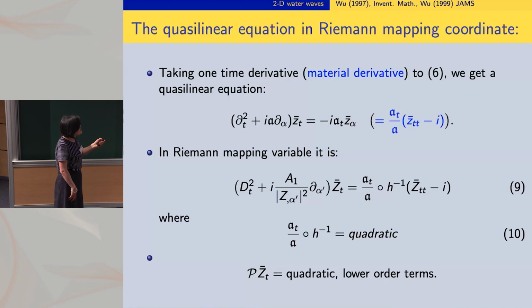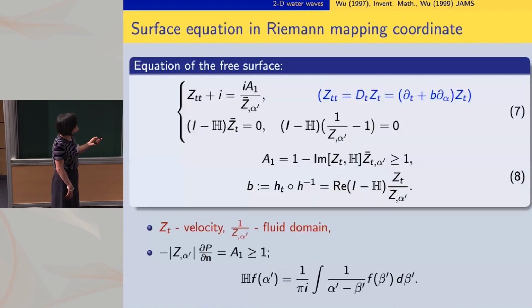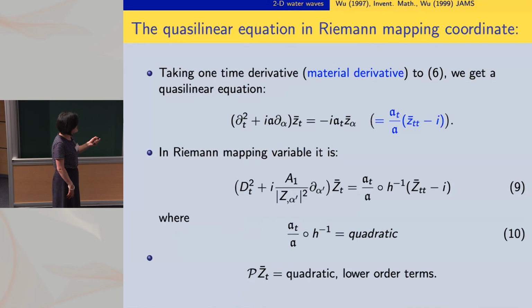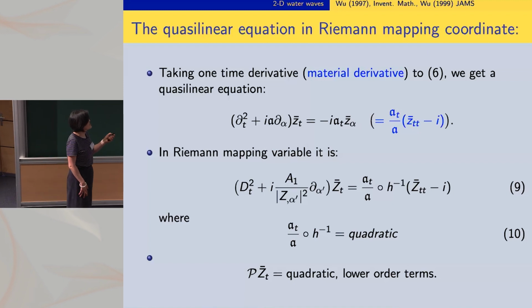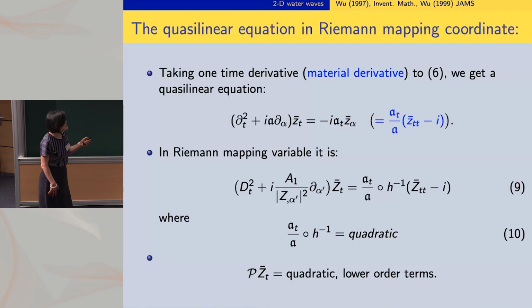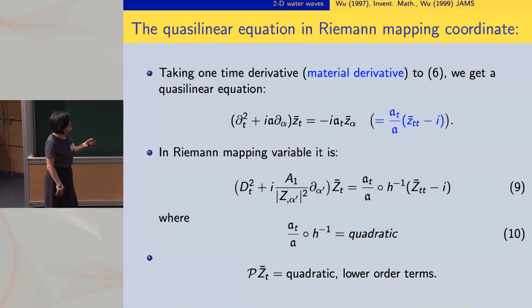And A is associated with the Taylor sign condition, which we have just proved is non-negative, or positive. So this is d_t squared plus a positive operator, so the whole thing looks like a wave type equation, right? This is why we were able to prove local well-posedness of this equation. Writing in the Riemann mapping variable, you would have this form.